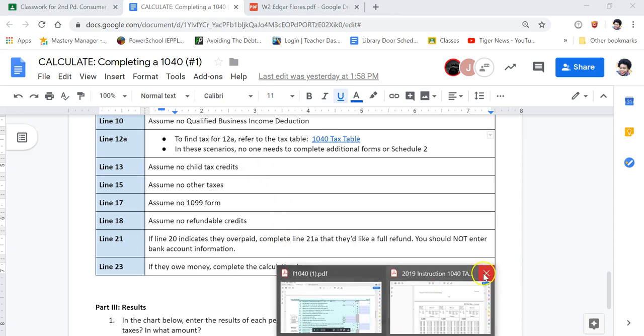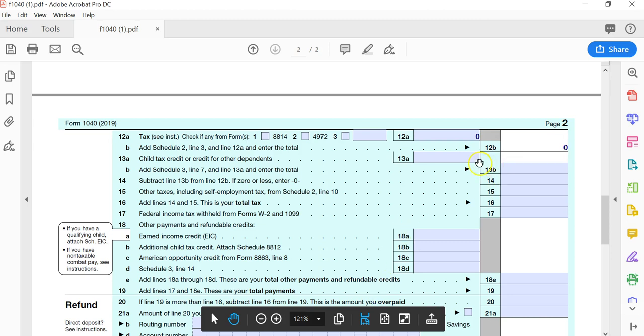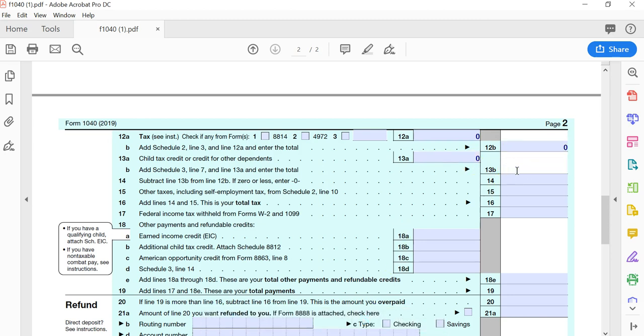So going back to 13, here, that's going to be a 0 for us. 13B then would still continue to be a 0, where it says as schedule 3, line 7, and line 13 to enter the total. We continue to have 0.